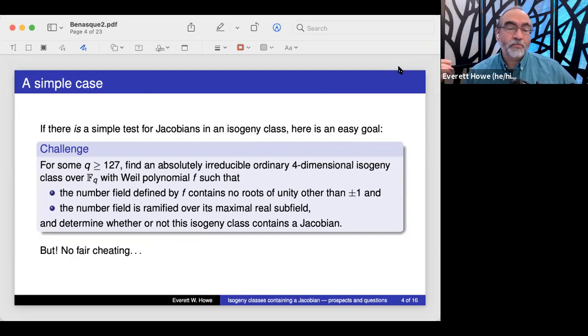Pick some q, and let's make it at least 127 so that some simple enumerations aren't going to help you.